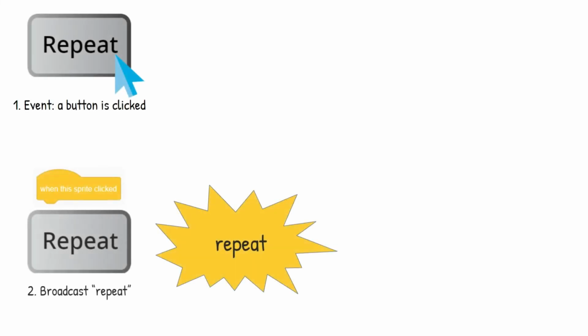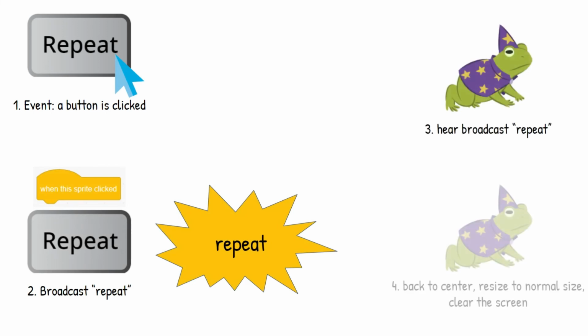Now, we're going to use the repeat button sprite. Clicking this button will bring the frog back to the center, resize it to normal, and clear the screen. You do this by using broadcast messages. If the repeat button is clicked, the broadcast message repeats, and we will make the frog hear this broadcast message, then return the frog to the center, resize to normal, and clear the screen. Put this block code in the button sprite to broadcast.